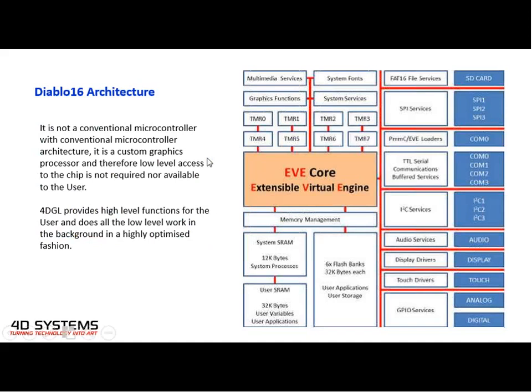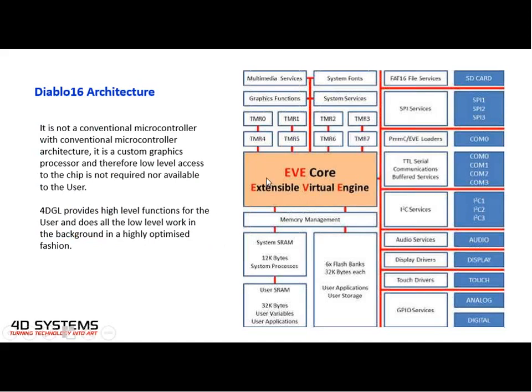So this is the internal architecture of the Diablo16. The Diablo16 is not a conventional microcontroller, and it doesn't use the conventional microcontroller architecture. It has at its core the EVE, soft-core extensible virtual engine.